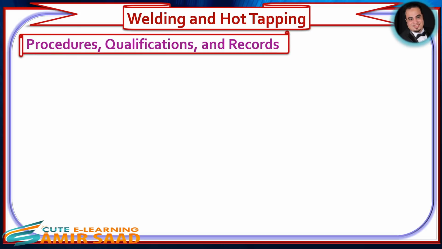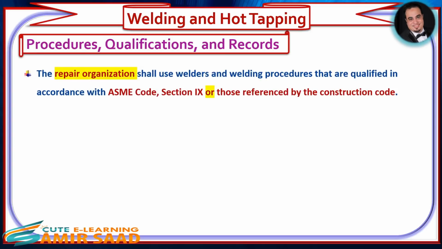Procedures, qualifications, and records. The repair organization shall use welders and welding procedures that are qualified in accordance with ASME Code, Section 9, or those referenced by the Construction Code.